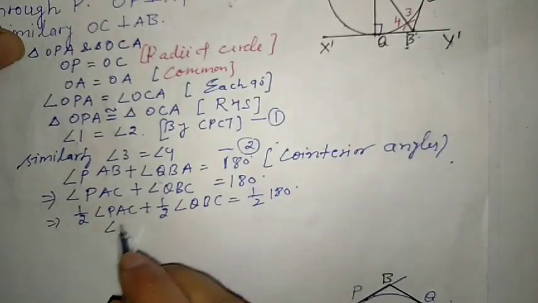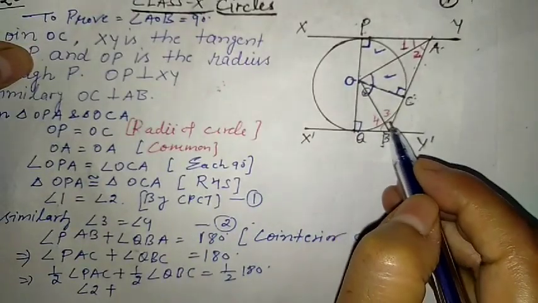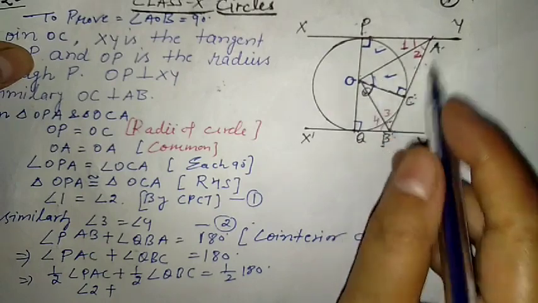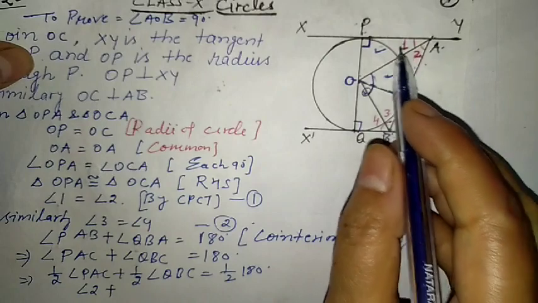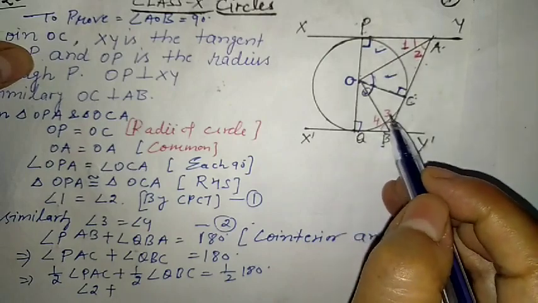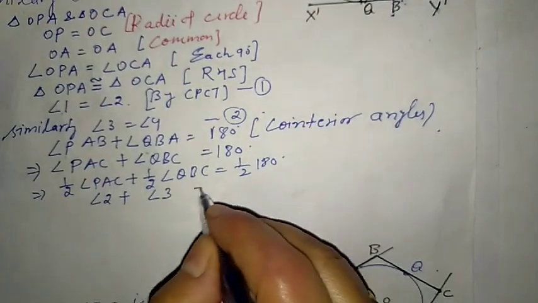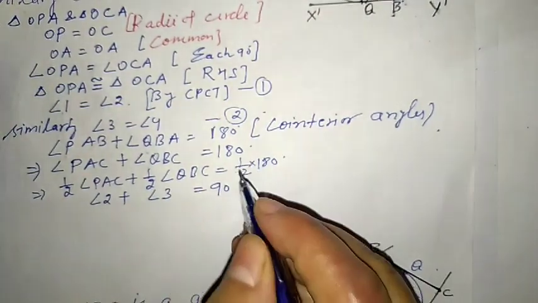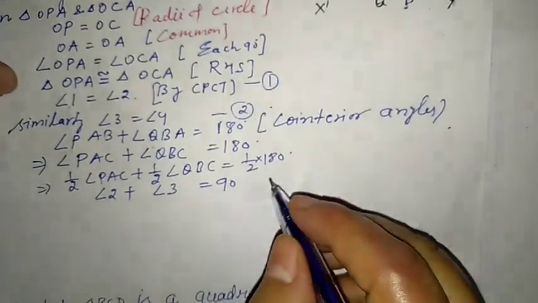Half of angle PAC is angle 2 and half of angle QBC is angle 3, because we have to go inside, into this triangle. That's why we are replacing 1 by 2 and 4 by 3. So here angle 2 plus angle 3 is equal to 90 degrees. This we have using equations 1 and 2.